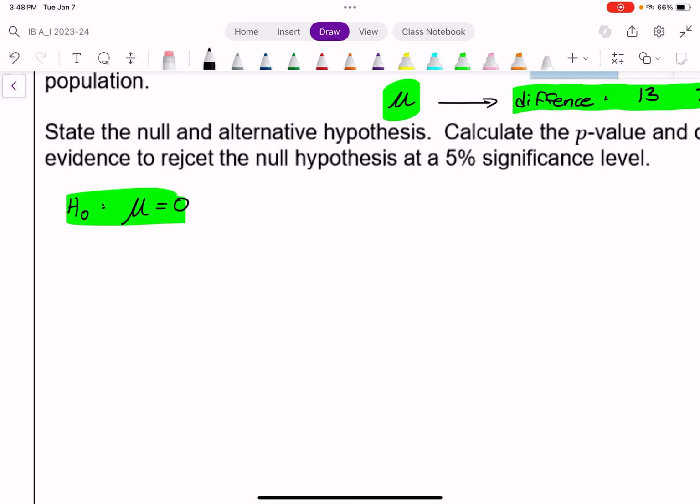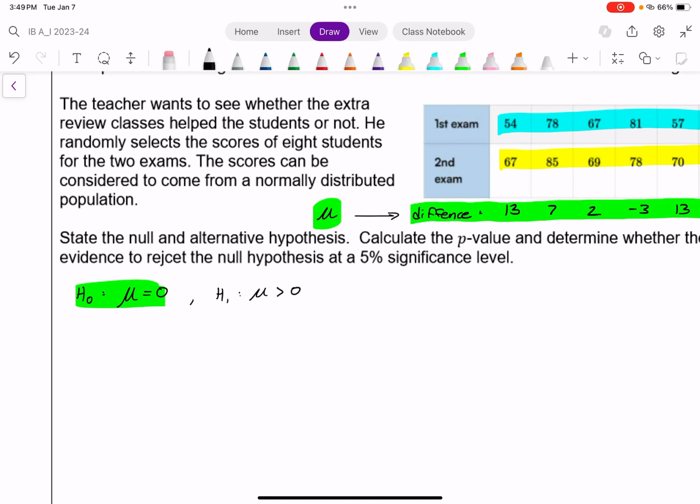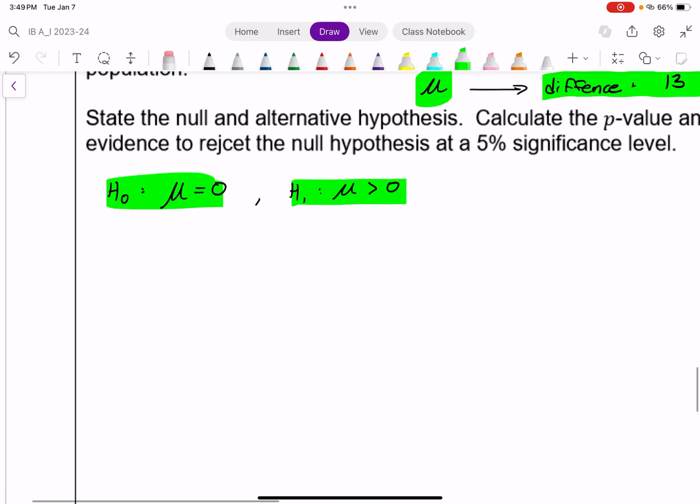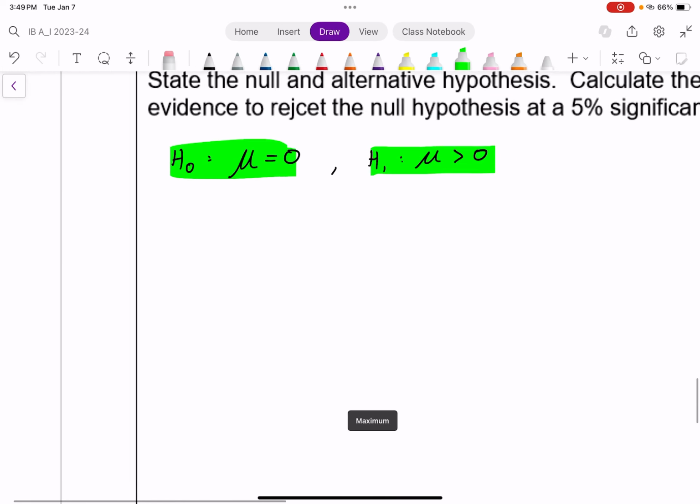With that said, our alternative hypothesis will be that it was greater, because we're trying to determine here if it really helped the students or not. Hopefully it made a statistically significant improvement, but that's what we're trying to see. So the null hypothesis is that the mean of the difference is 0, and the alternative hypothesis is that it's greater than 0. I just realized I spelled difference wrong here. I'm going to stick with it. New word, difference.